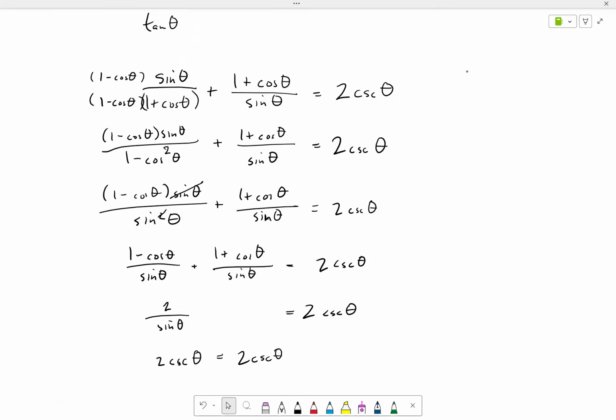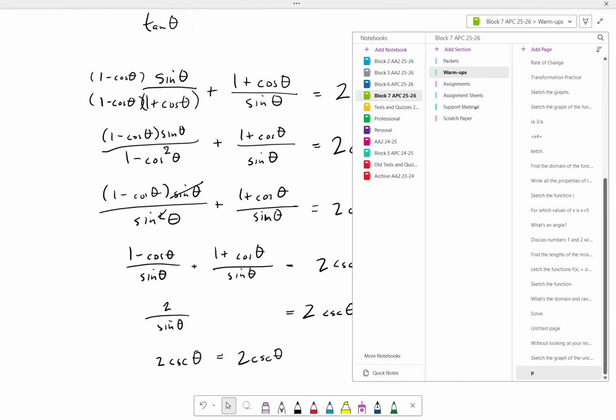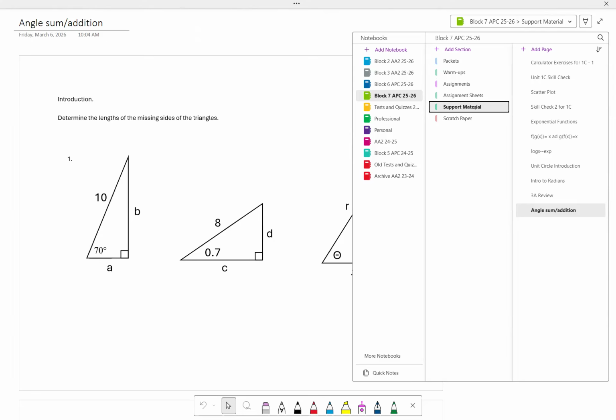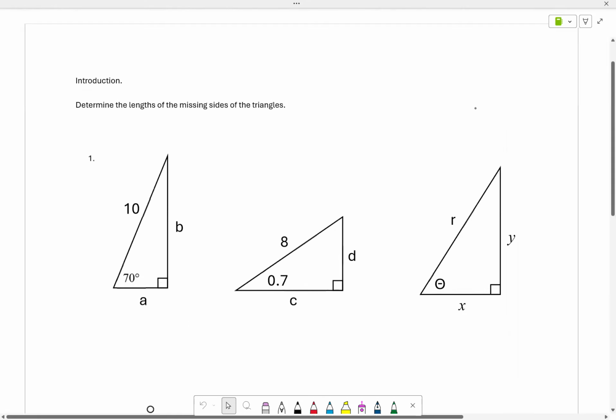There's 3 different problems. Just set up for calculator ready. I mean, don't just sit there and do nothing.